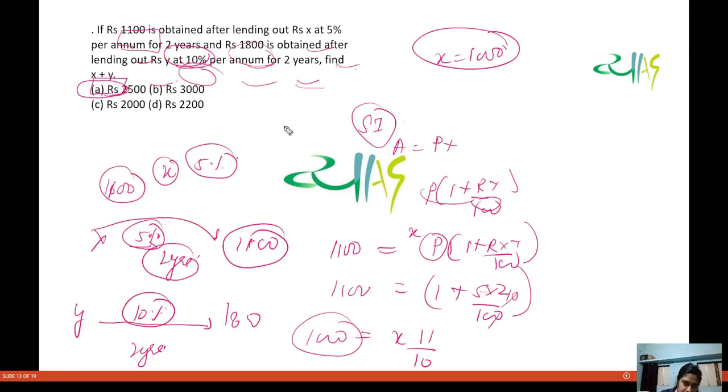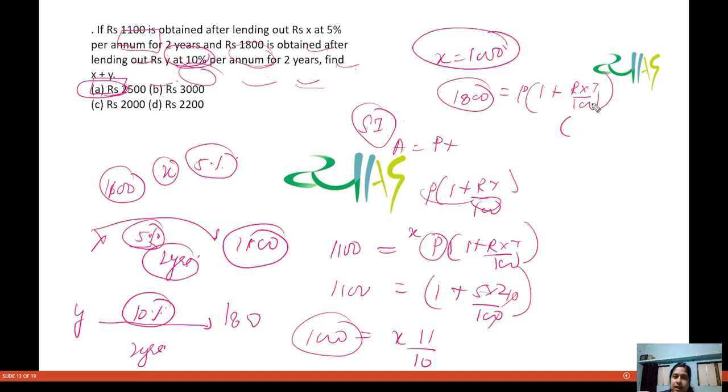And then let us look at the 10% one. Rupees 1800 is obtained by lending out at 10% for 2 years. So 1800 is equal to P times 1 plus R into T by 100.